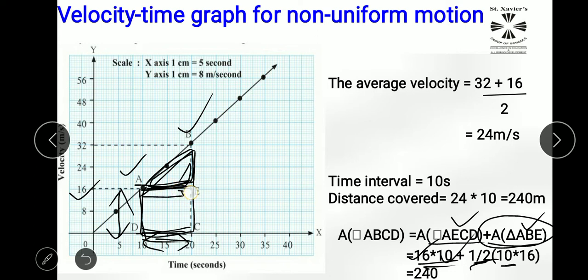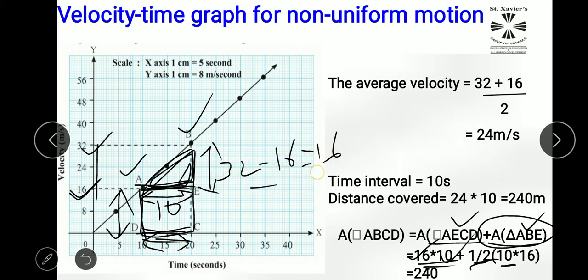Here base is 10 and height is 32 minus 16, which is 16. So height is 16. So we'll write half into base 10 into height 16.